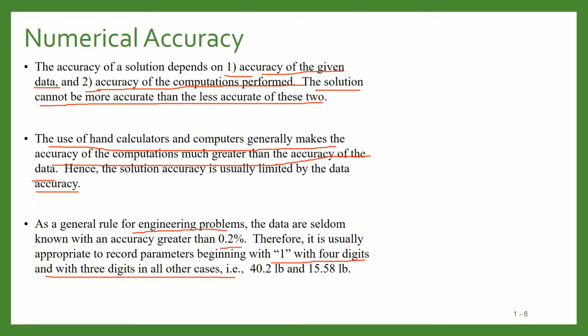So suppose it is not beginning with 1, say it is beginning with 4, then you should record it in 3 digits. Okay, and if beginning with 1, then you should record 4 digits.